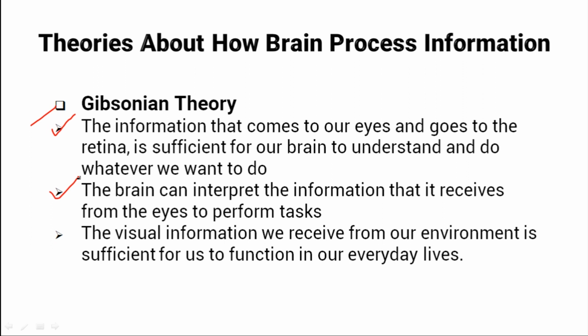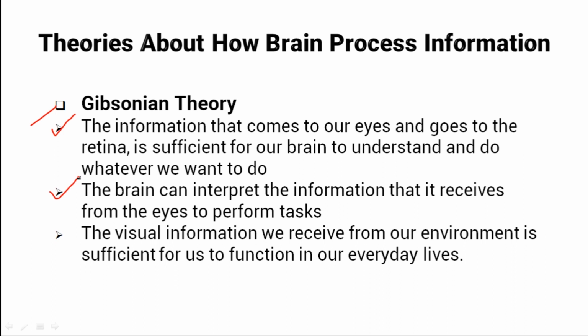Now, this theory is called the theory of ecological optics, and the theory of ecological optics says that the information we get from light falling on our retina is enough for us to understand our environment and make decisions based on it. This theory suggests that when a pilot is landing a plane, they don't need any additional information besides what they can see through their eyes to make their decisions like turning or stopping the plane.